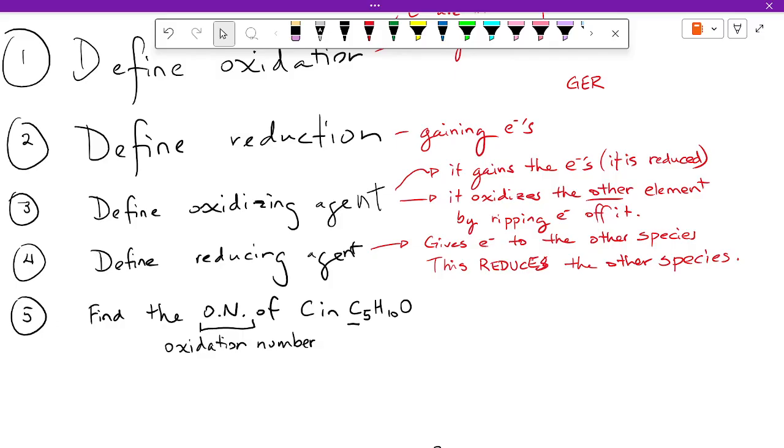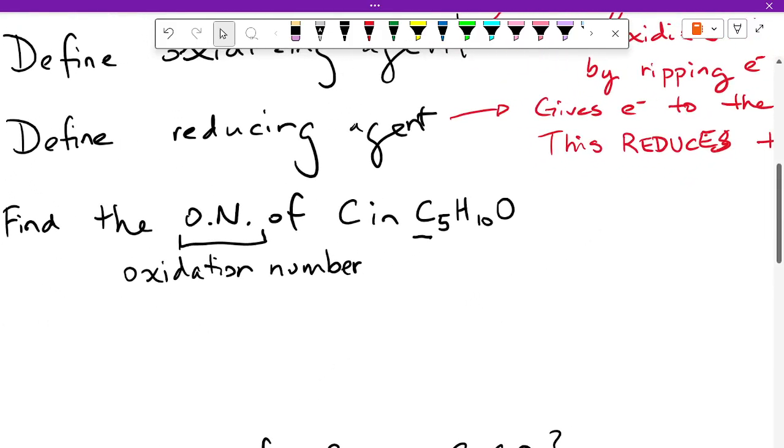All right, find the oxidation number of carbon in C5H10O. How do we do that, Harshika? We end up with -8/5. Do you guys agree with her? Okay, just in case anyone has forgotten how to do this, how I would do this, writing it all out, is I would say I have 5 carbons, 10 hydrogen, and 1 oxygen, and my overall charge is 0.